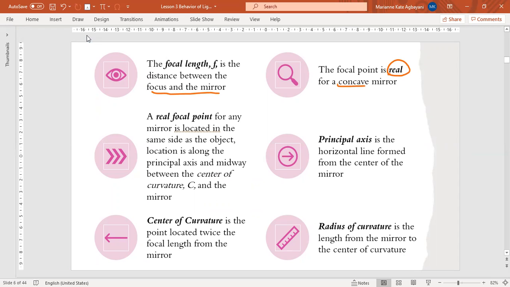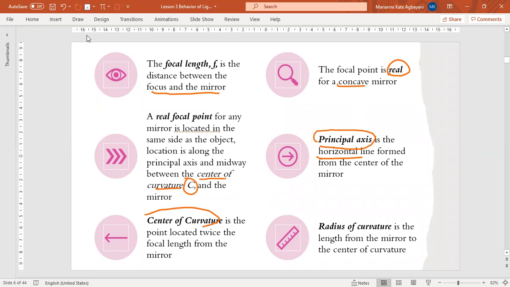The real focal point for any mirror is located on the same side as the object. The location is along the principal axis and midway between the center of curvature and the mirror. The center of curvature is denoted by capital C. The principal axis is the horizontal line formed from the center of the mirror. That is our principal axis.